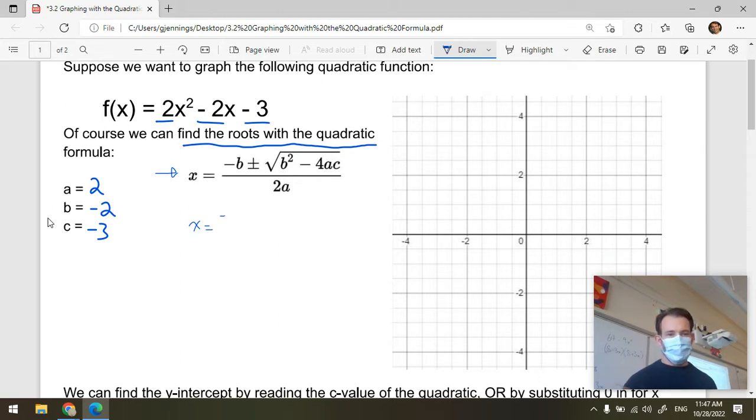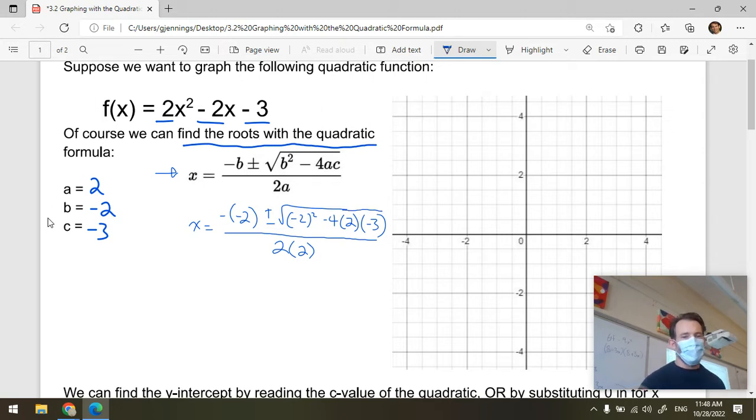Negative b is going to be negative 2, so that's my b value, plus or minus the square root of b squared, so negative 2 in brackets, squared, minus 4 times a, which is 2, times c, which is negative 3, all over 2a. That's going to be 4, but I'm going to write 2 times 2. And when you draw your square root sign, try and draw it over all of those numbers that are getting square rooted. It helps add a lot of clarity to your work.